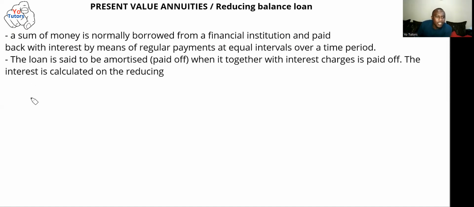Now let's look at how this is supposed to work when it comes to loans, because we know from the previous class what should be done with future value annuities. Let's look at the present value. It is equal to X, which represents your equal installments or regular payments, times 1 minus (1 plus i) to the power negative n, all over i. This is our present value.